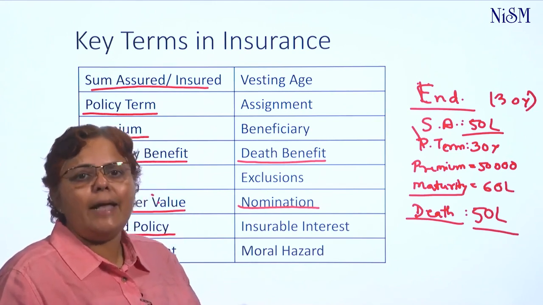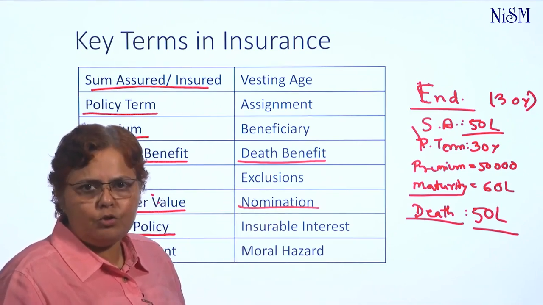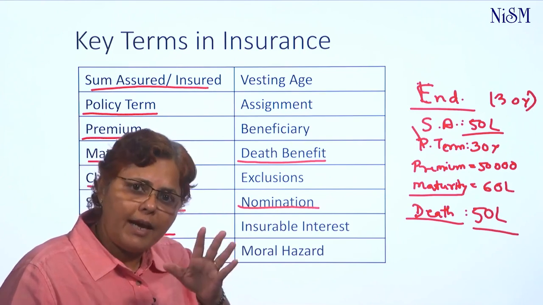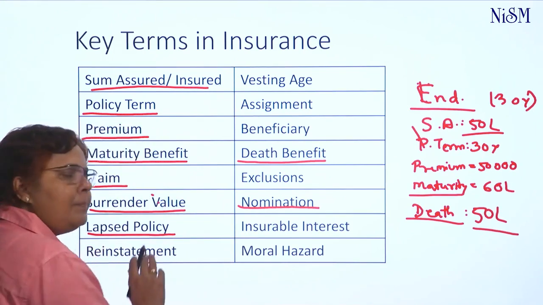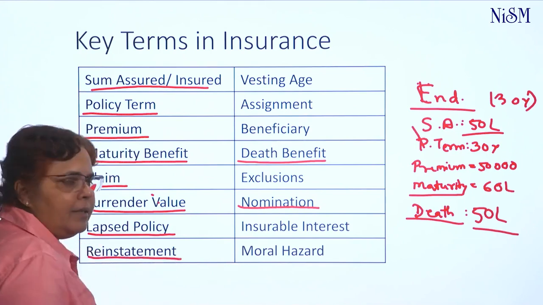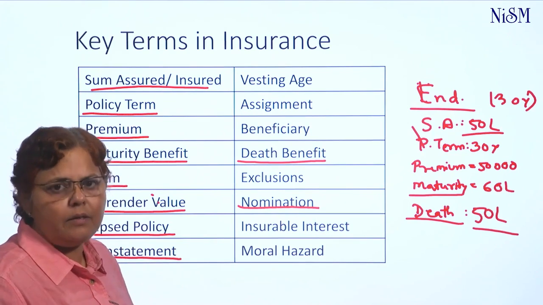Suppose it is an annual premium and that person forgets to pay the premium. There will be some time for which the policy will be in force, but after that the policy will become dormant, which is called a lapsed policy. Then reinstatement has to be done. That means he has to pay the money and get the policy reinstated, renewed.